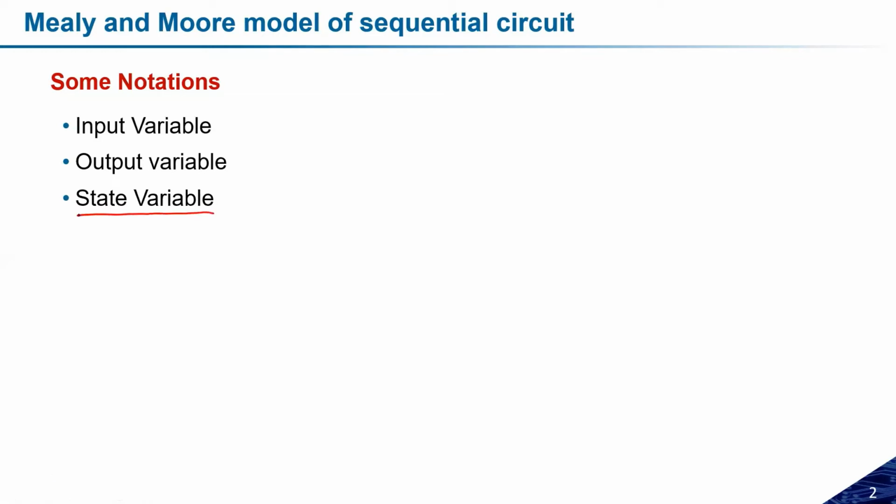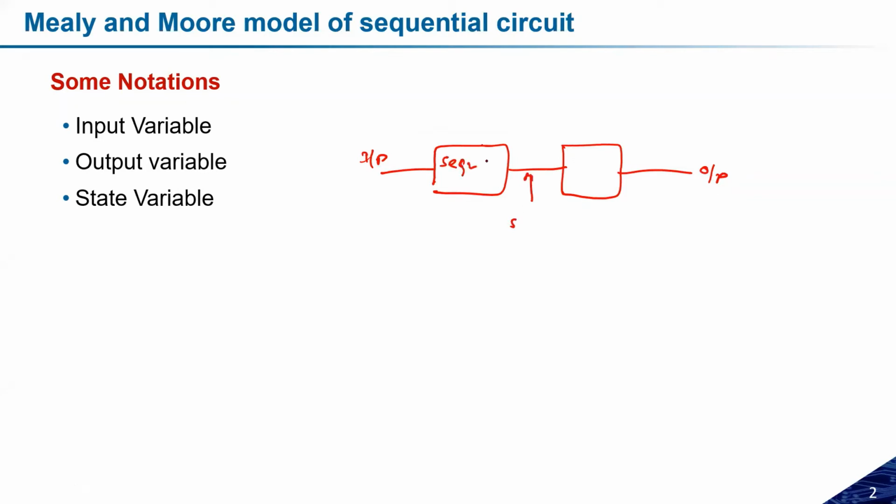The important thing that we have to consider is the state variable. Like I just told you, the Mealy and the Moore model has a sequential circuit, and then we have a combinational logic circuit. Here I have some input, and this is the output of the sequential logic. The output of the sequential logic is treated as an input of the output combinational logic, which gives us the output of the overall sequential circuit.